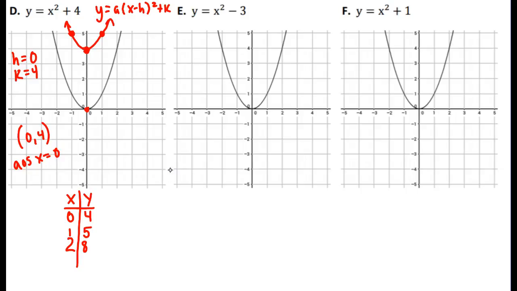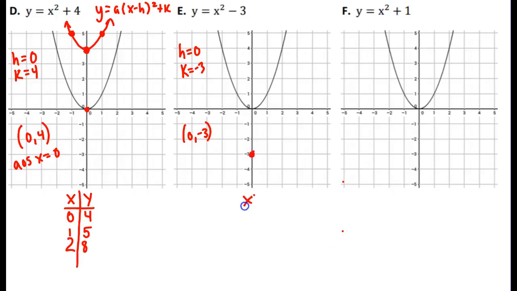When I take a look at E, again, no a value here to flip the graph upside down, widen it, or narrow it. No h value on the inside, so h is equal to 0. My k value at the end here is -3. So I have a vertex at 0, -3. So now my vertex starts down here.